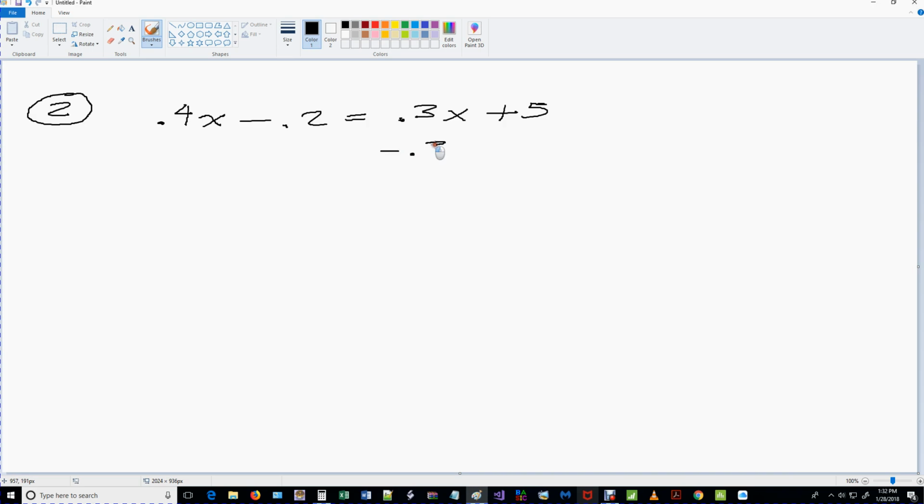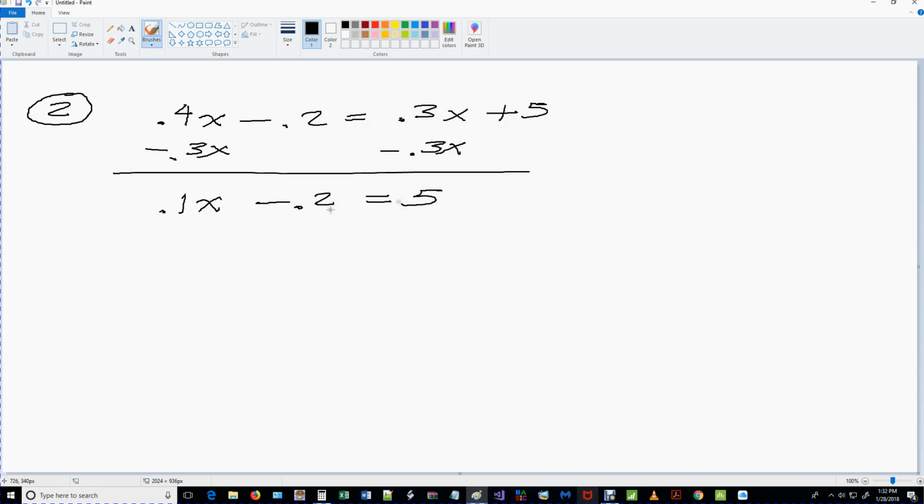So you eliminate the 0.3x on the right hand side by subtracting 0.3x. If you do that, you get on the left 0.4 minus 0.3 is 0.1x. You still have this minus 0.2 on the left, and on the right hand side, because we cancel the x's, you're only left with the 5.